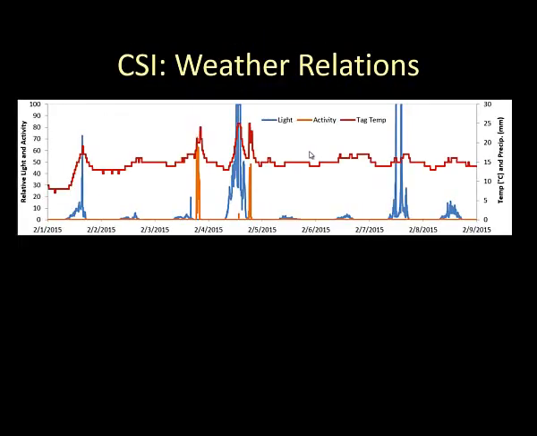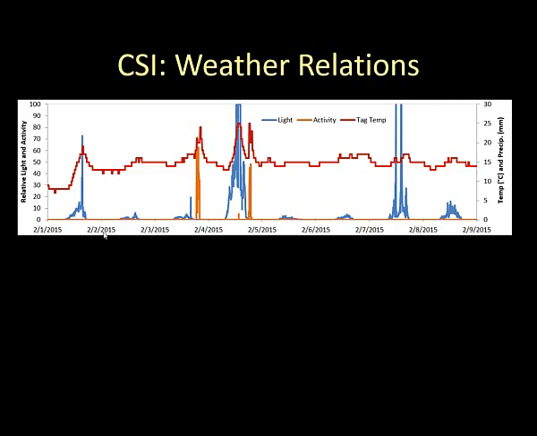These tags also allow us to evaluate any number of finer-grained interactions with weather. This is what I call my CSI weather relations. As the bat was coming out of torpor here in early February, I was really intrigued by these couple spots where it wasn't receiving very much light even during the middle of the day.